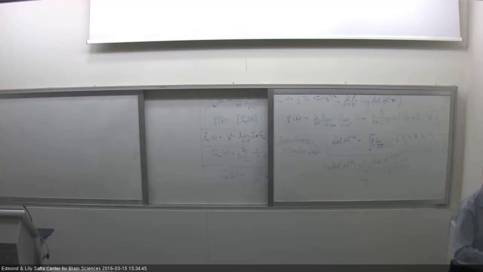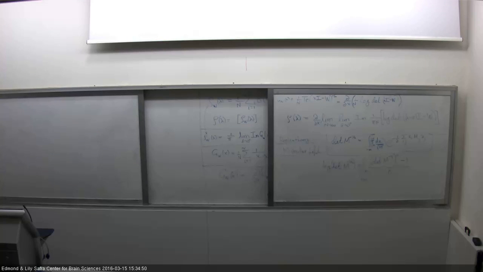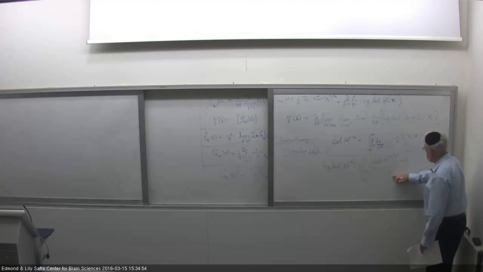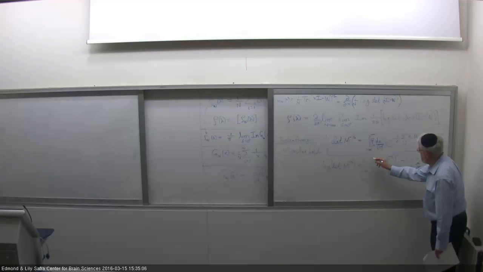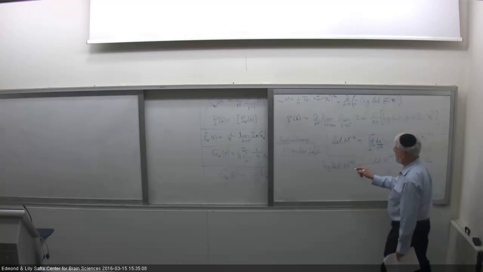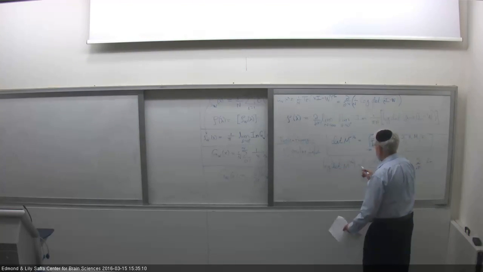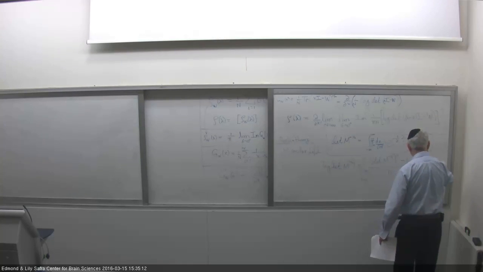That's our famous replica. Another way of saying it, already discussed in the previous lecture, is that you can also write it as d over dn of Z to the n, where Zn is this quantity.